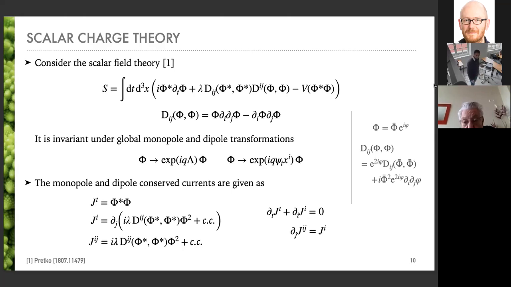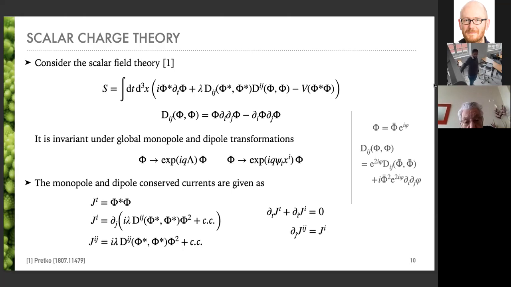Other than that, you can actually go back and check that this particular combination works. This combination has been engineered very specifically for it to be invariant under the dipoles. It's quite easy to see. It's a small computation I did on the right. If you take this complex scalar phi and split it into the modulus and the phase, then this term here splits into this term here.